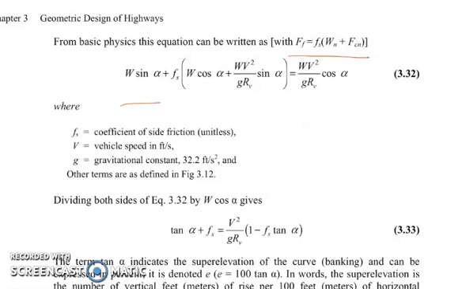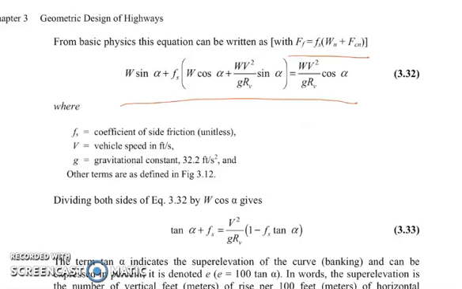So we can have the equation: W sine alpha plus F sub S times W cosine alpha plus W V squared over g R sub V sine alpha equals W V squared over g R sub V cosine alpha. We have to take note that F sub S is the coefficient of side friction, V is the vehicle speed, and g is the gravitational constant, where we use 32.2 feet per second squared.